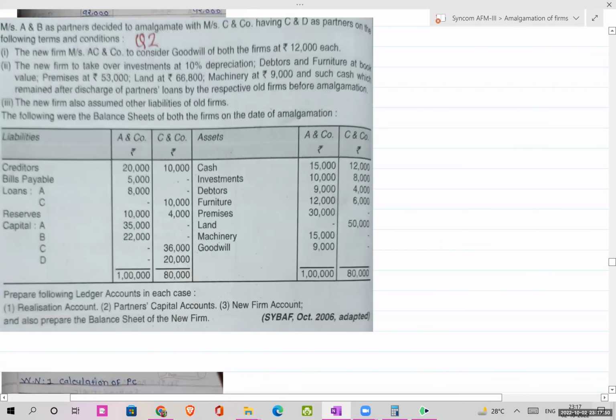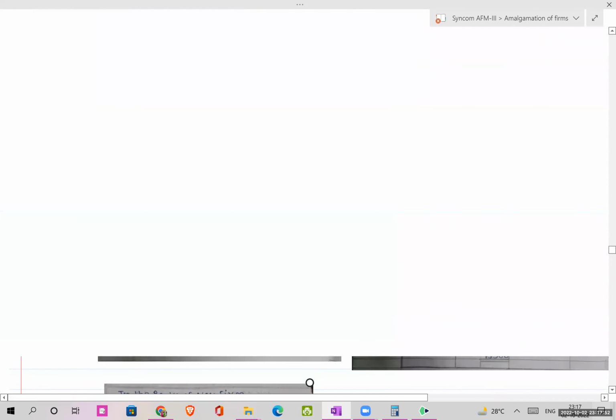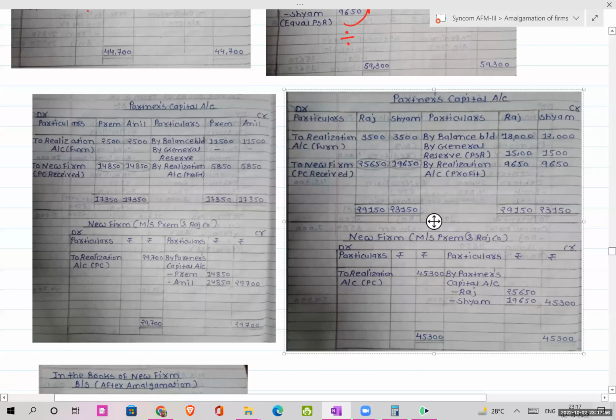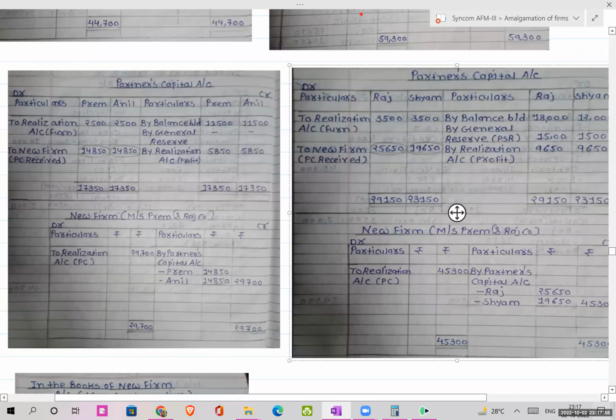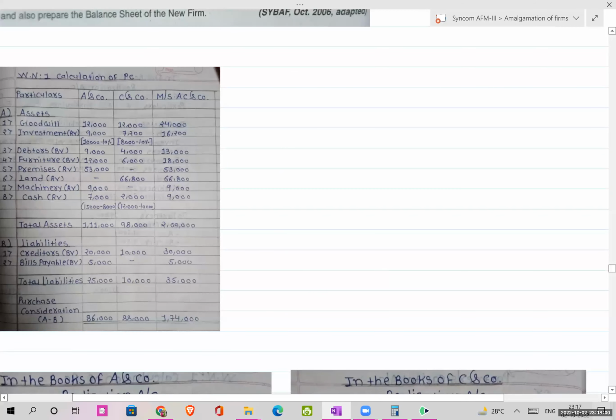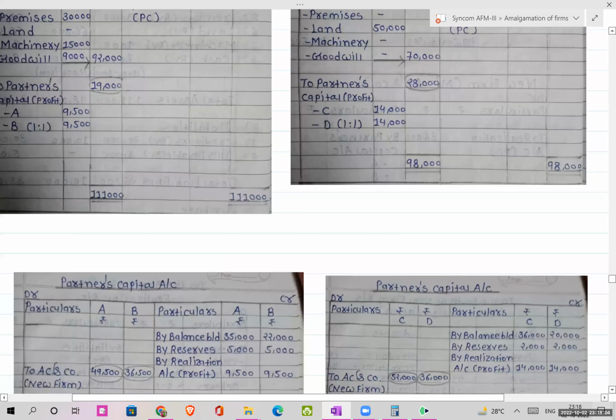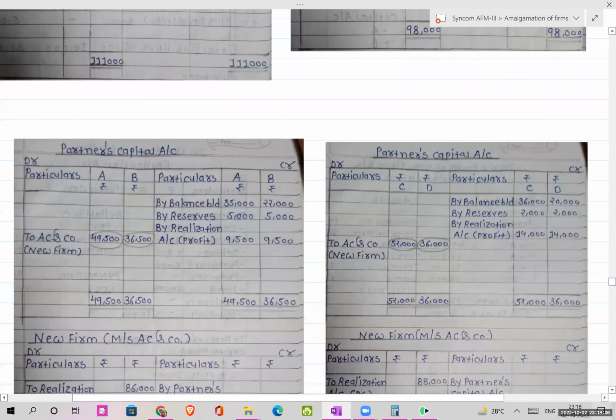Okay, second is what you are going to make: your partners capital account and the new firm account. It should be together. If you make it simultaneously, it will save your time also.